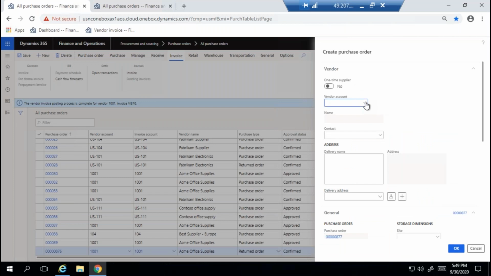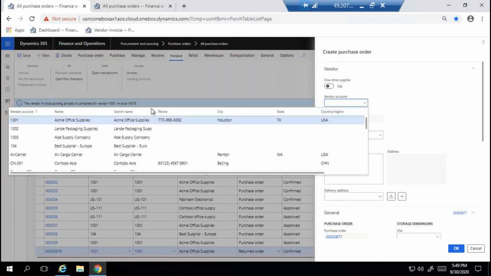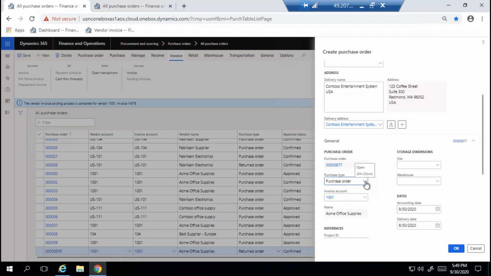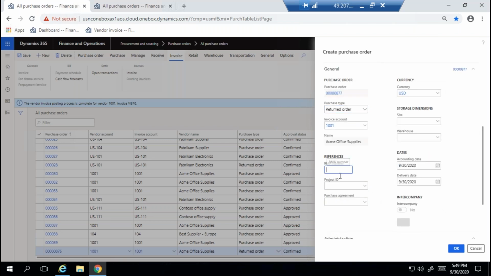So select the vendor. Here you can select return order, and enter the RMA number which you are collecting from your vendor. Click OK.